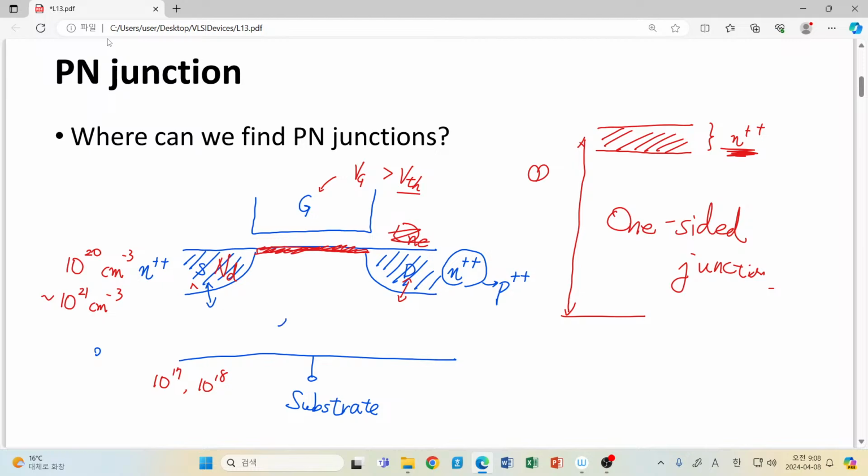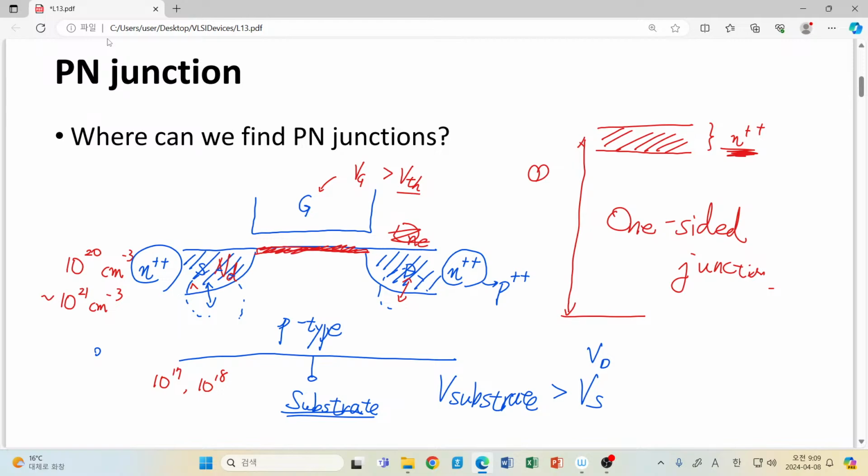Here we have a P-type region, and here we have an N++. So if we apply a substrate voltage higher than, for example, the source voltage or drain voltage, then what will happen? In this case, this PN junction is in its forward bias mode.